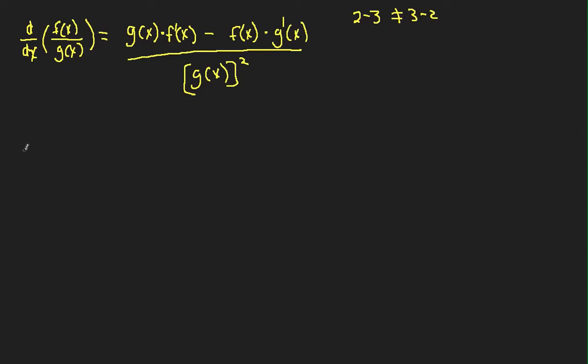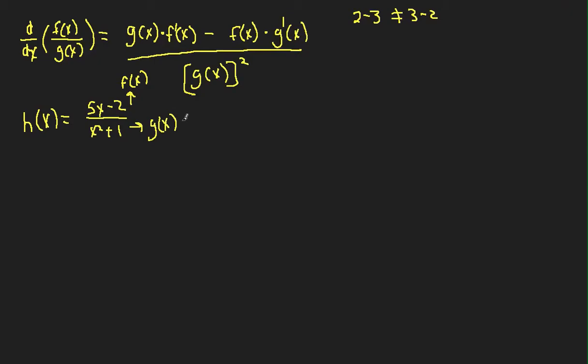So let's do an example of it, because we went over this in class, but it's always good to have more examples. We're going to label h of x as 5x minus 2 over x squared plus 1. I'm going to find my two functions. This will be my f of x, and this will be my g of x.